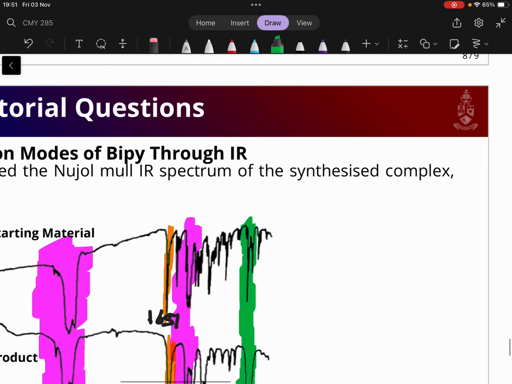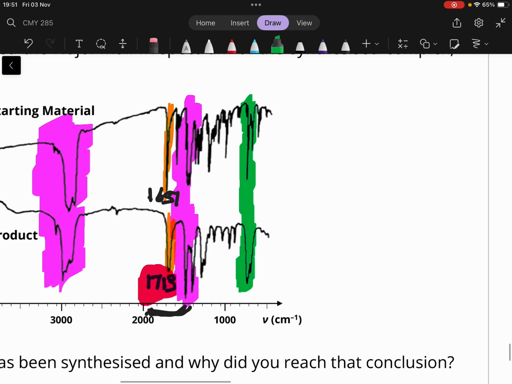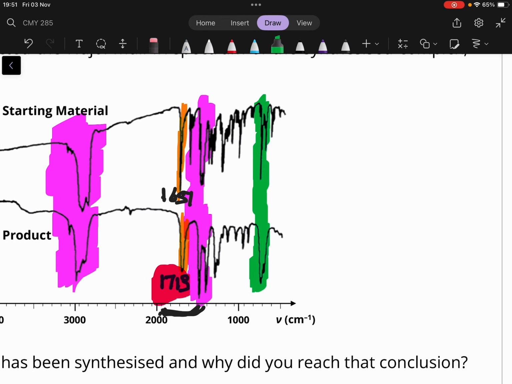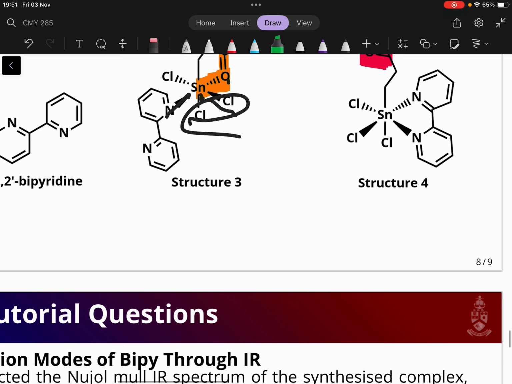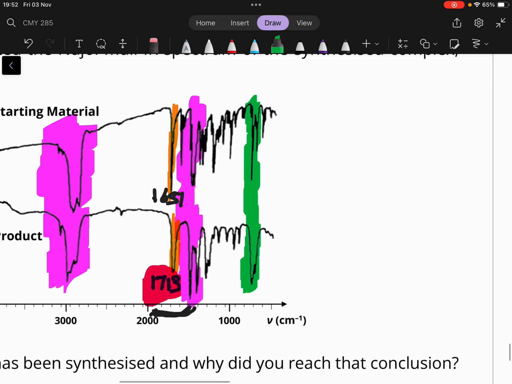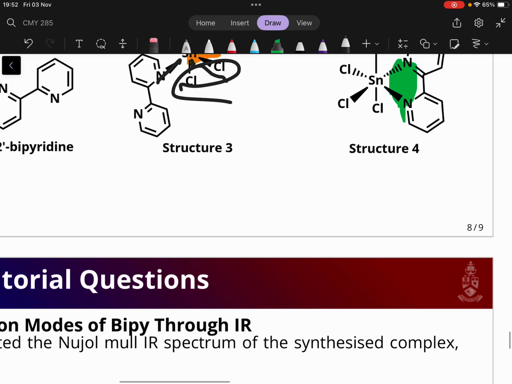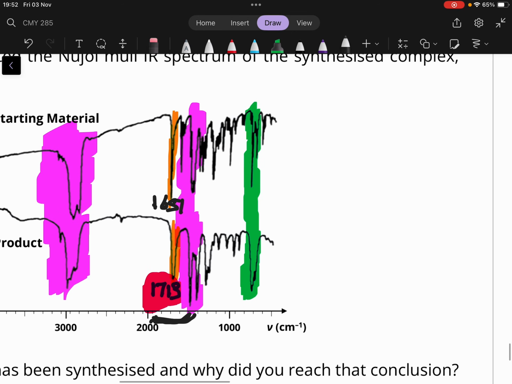But in the product, you get this broad kind of peak. And the broad peak indicates that there is some sort of influence between the two nitrogens that couple the Sn-N bond of the one and the Sn-N bond of the other one. But you see it's a very loose argument. It's not very definitive, since both of them will have tin nitrogen vibrational bonds.